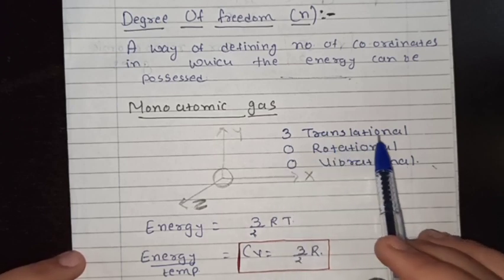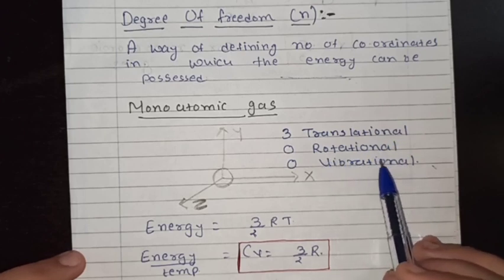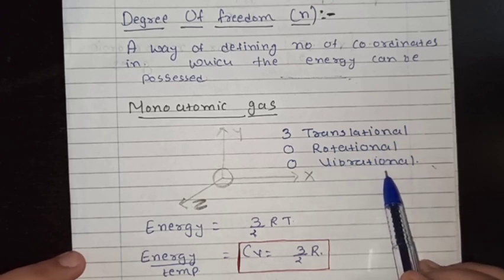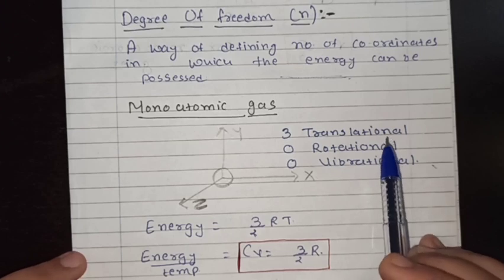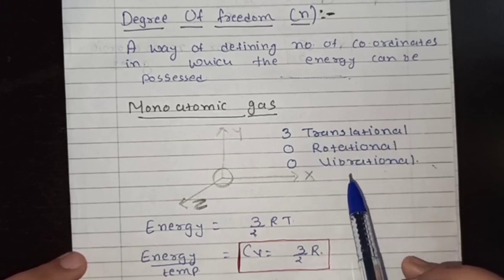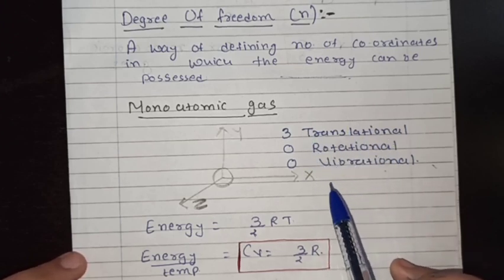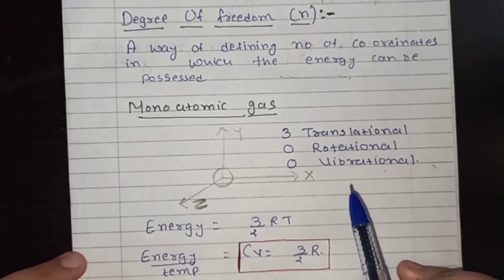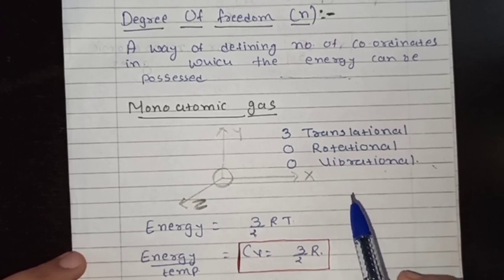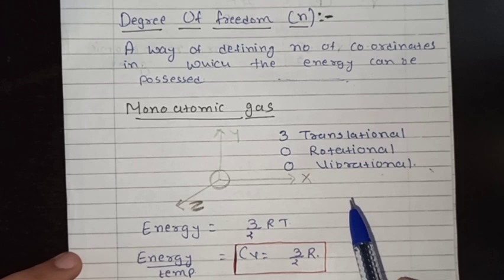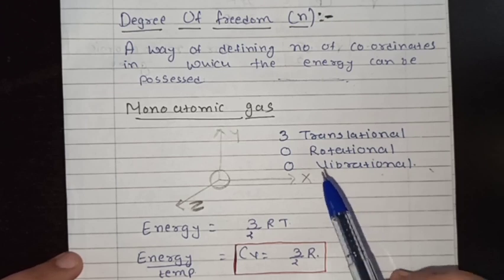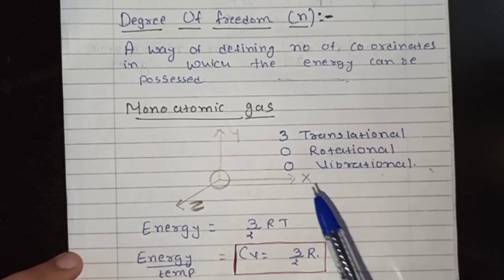It can be translational, it can be rotational, and it can be vibrational. As long as our chapter is concerned, in most of the cases we will not consider the vibrational energy until and unless it is mentioned in the question. Now the degree of freedom for different gases is different.